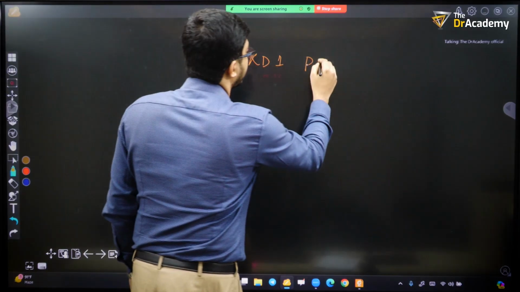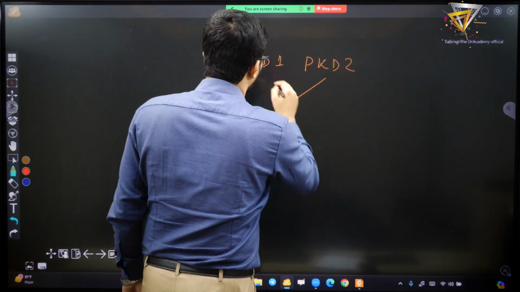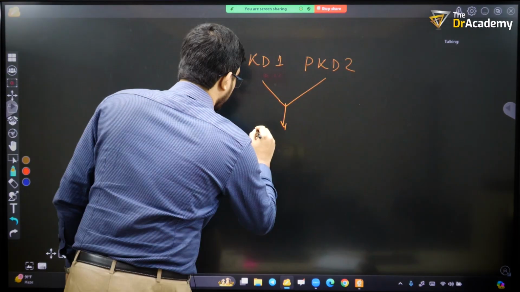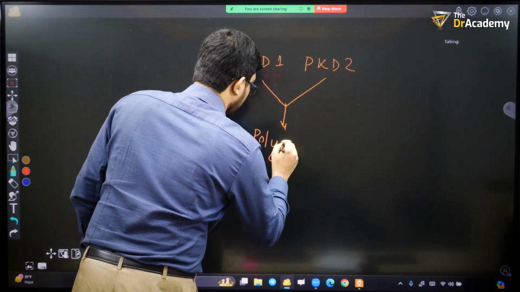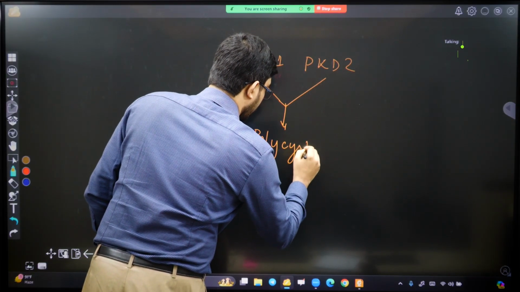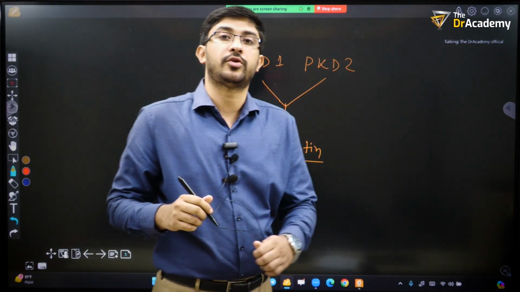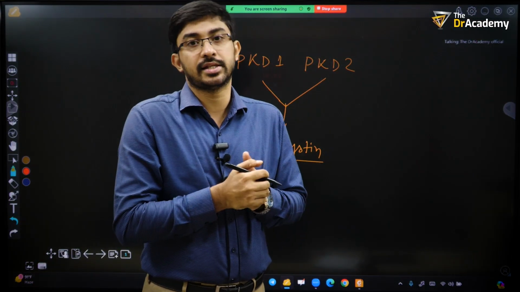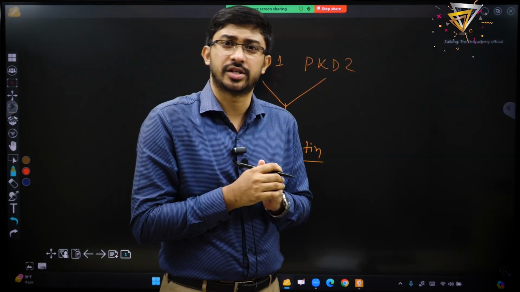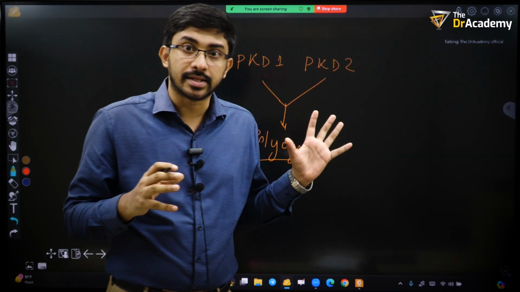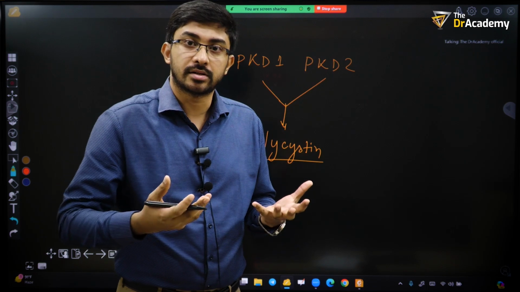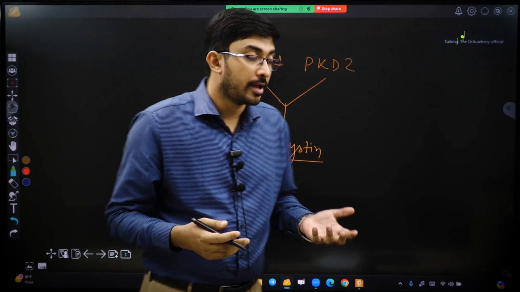The genes are PKD1 and PKD2. When mutation occurs in those two genes, polycystin, this polycystin protein, the role of this polycystin protein is increased synthesis of those cells or cellular components. So the tubular cells, tubular epithelial cells grow faster and proliferate faster.